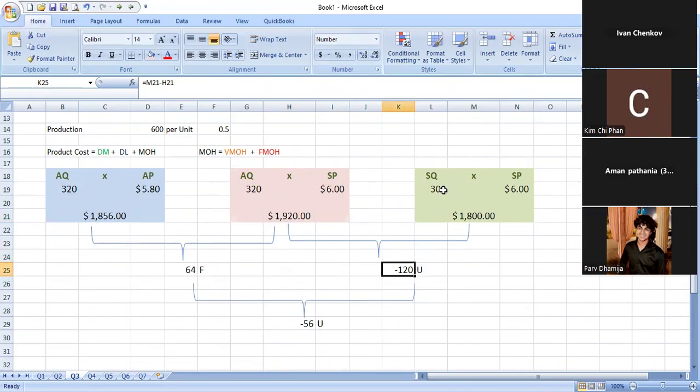Because of the overusage, I'm using 20 meters more. 20 meters times $6 gives me 120. I'm using more. Is it favorable or unfavorable for me? Unfavorable, because I'm using more. Make sense? Now, if in reality I was using, instead of 320, let's say 280, is it going to be favorable or unfavorable now? Favorable.